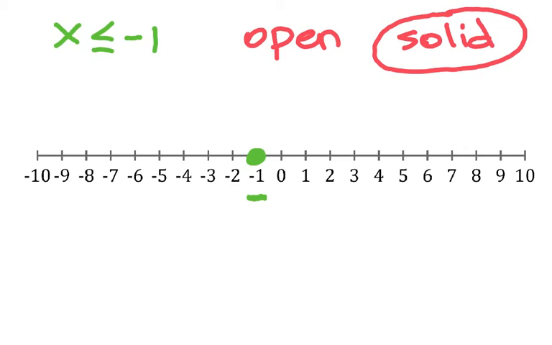And now here's the big trick. We're looking for less than. Does that go to the left or does it go to the right? It goes to the left. Good job. I'm sure that you got it, even though I can't see you.